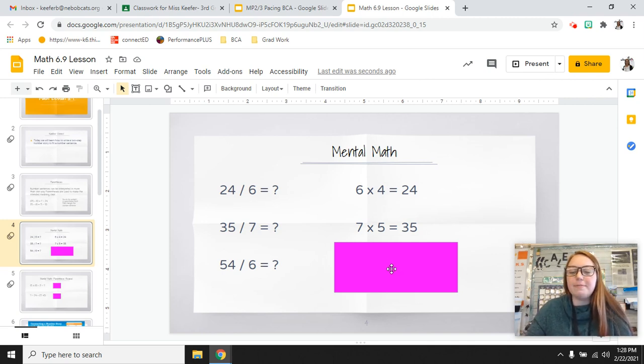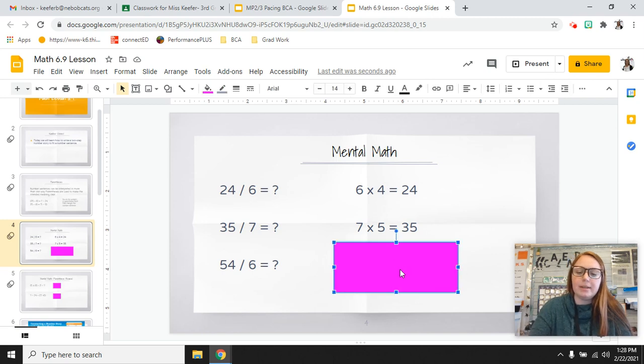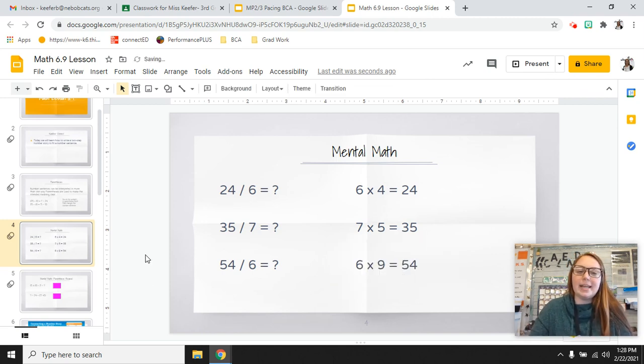And our last one, 54 divided by 6. This one's a little tricky, but think about it. 6 times what equals 54? Okay, pause the video. Maybe you need to use a strategy to solve that. But 6 times what equals 54? So the answer would be 6 times 9 equals 54.